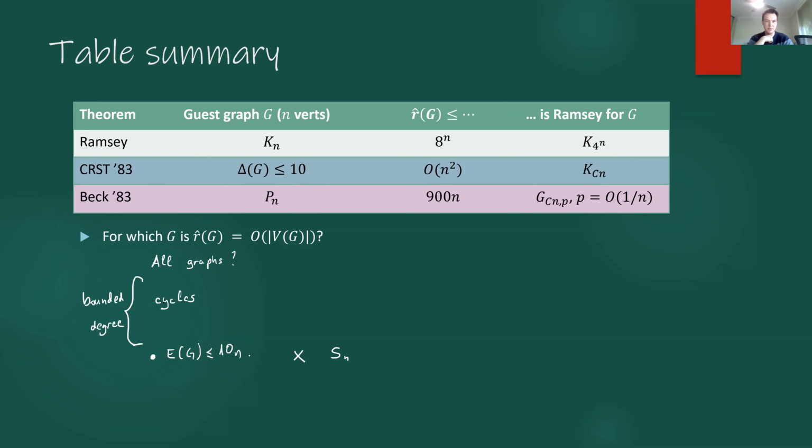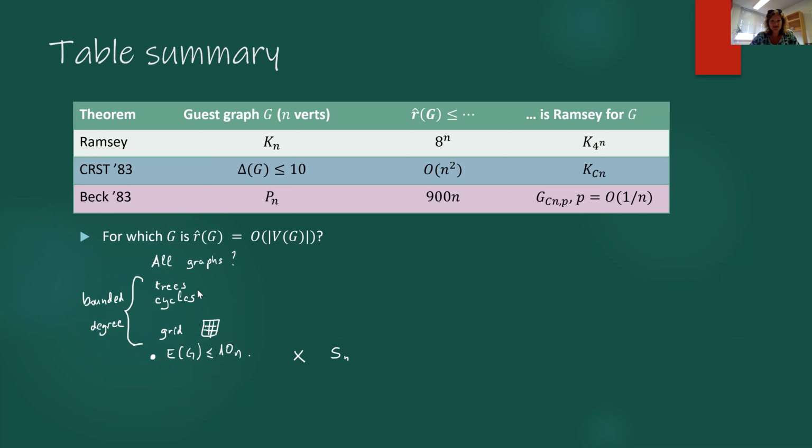Grids. Yeah, that's a very interesting example. So grid, that's this kind of graph. Trees? Double star though for tree is an issue. Yeah, but we're living in a bounded degree world. Okay, so we have some suggestions now, and let's see what's actually true.